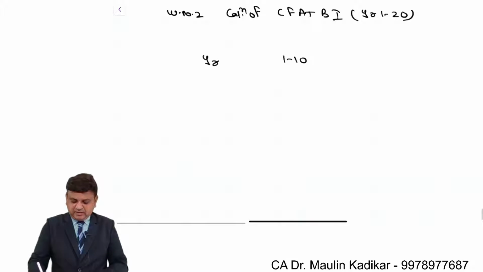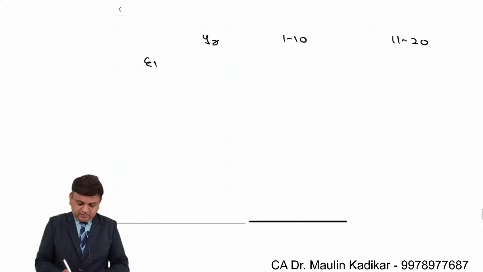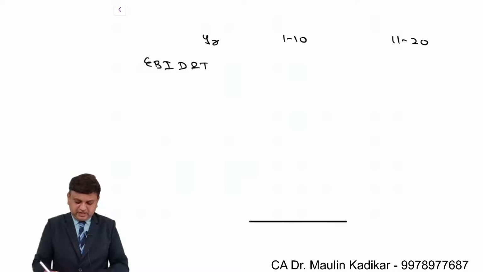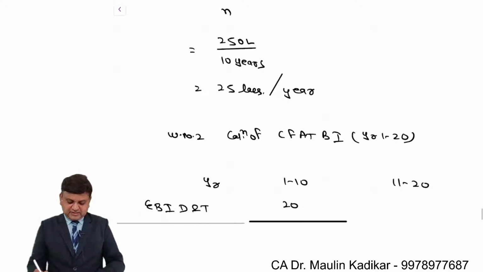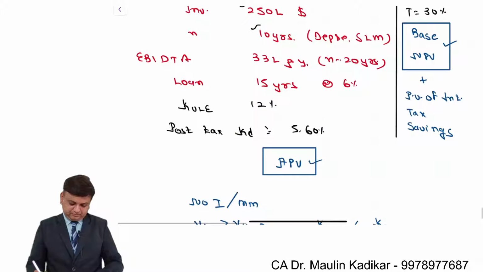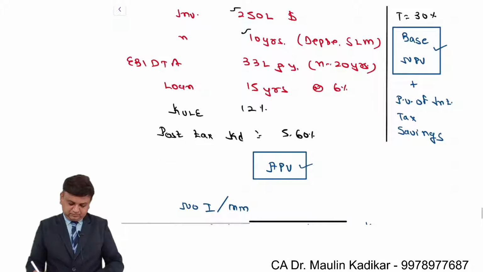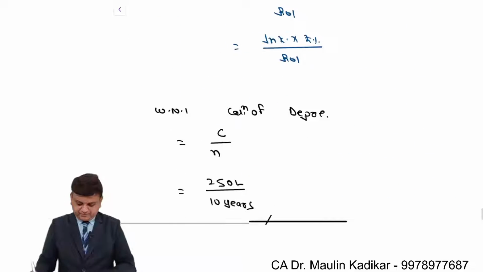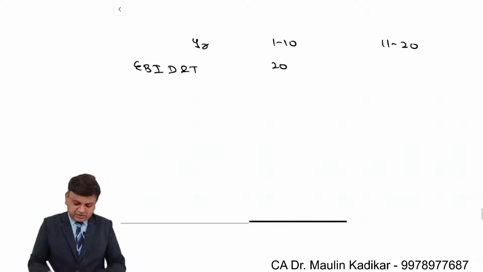So 1 to 10 and 11 to 20. Earning before interest, depreciation and taxes, that is an amount of 33.